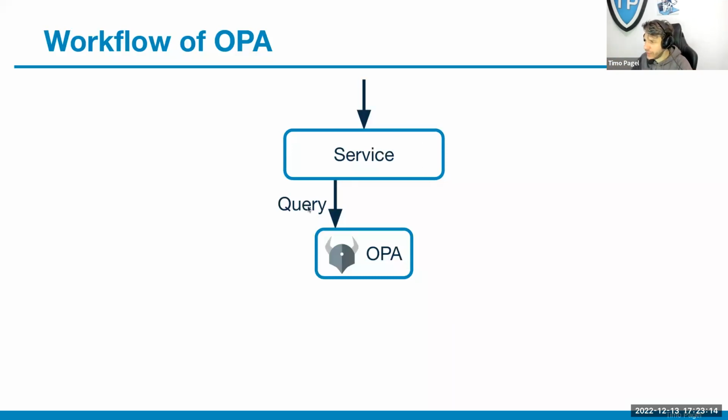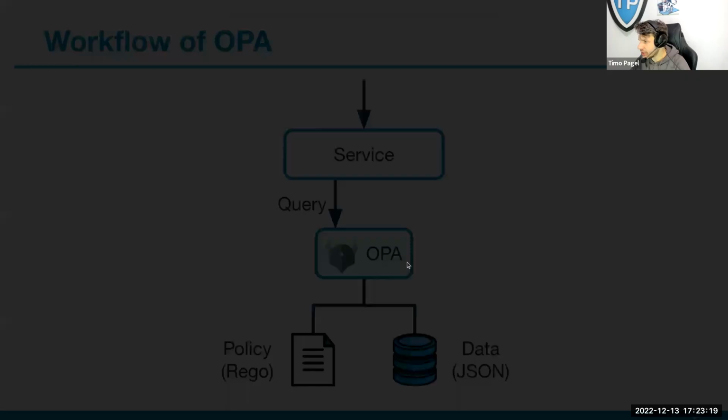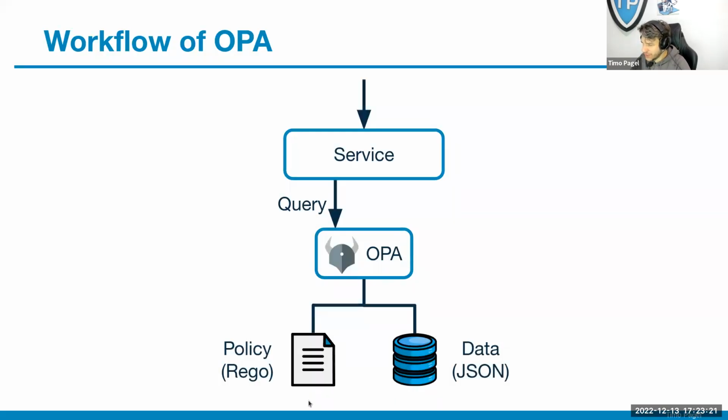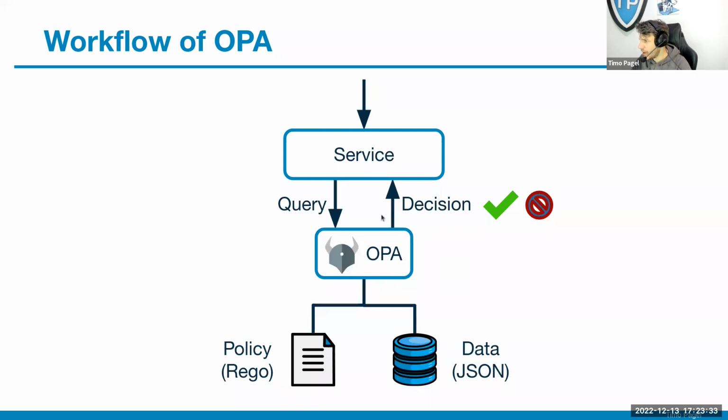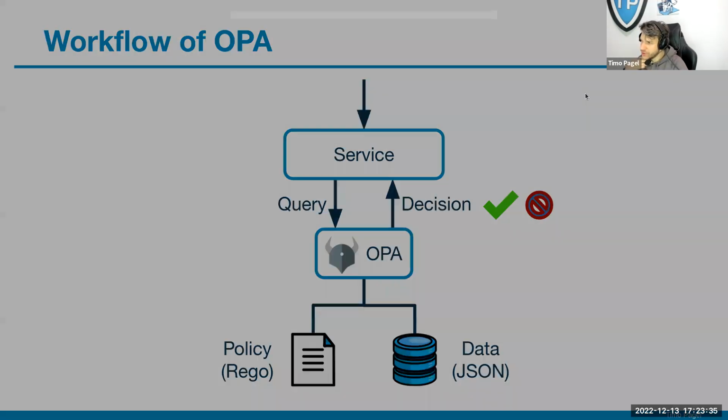It performs a query, which is basically an HTTP call to OPA, the Open Policy Agent, and then the Open Policy Agent performs the decision based on the policy, which is defined in Rego, and on data, which is in JSON. And then OPA will give the decision back to the service.